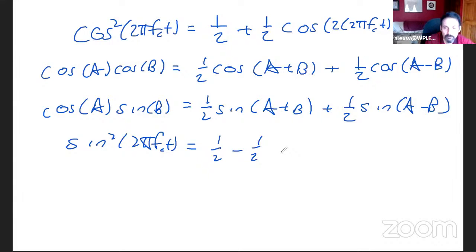Here we go. Yep, that's correct. So these are the trig identities that come up a lot. So going to the squaring loop.